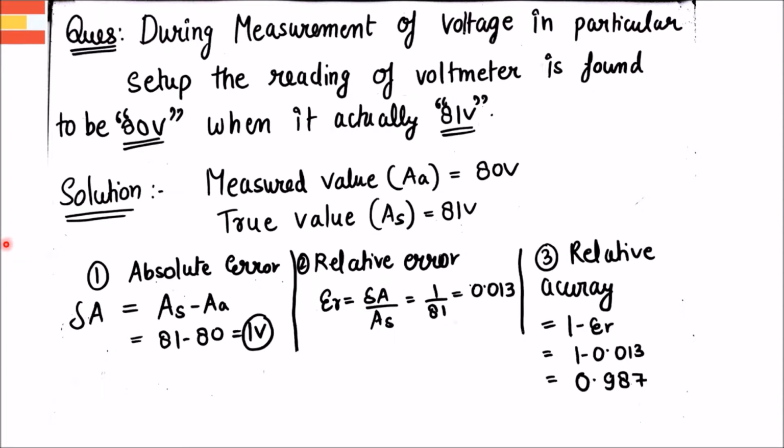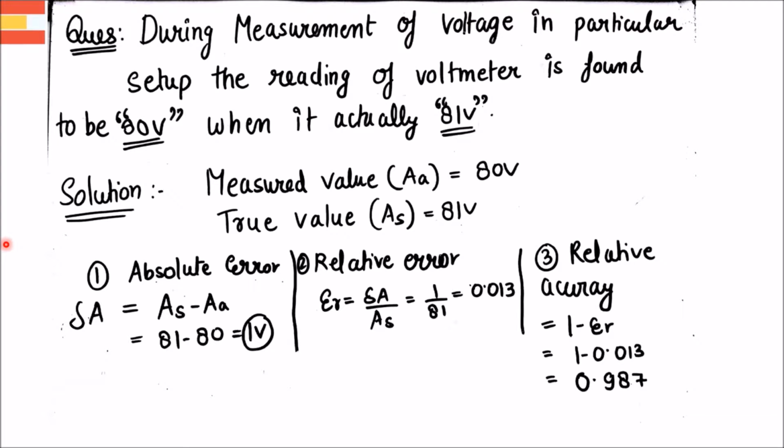So now let's solve some problems from these formulas. Here we can see the question: during measurement of the voltage in a particular setup, the reading of the voltmeter is found to be 80 when it is actually 81 volt. These two values are emphasized because they are showing the measured value and true value, and we have to find all the terms we have already defined.